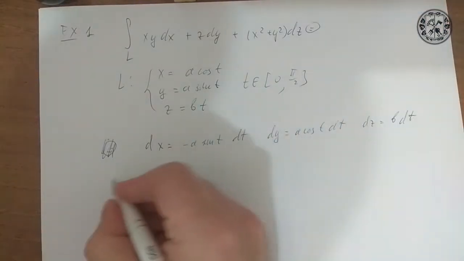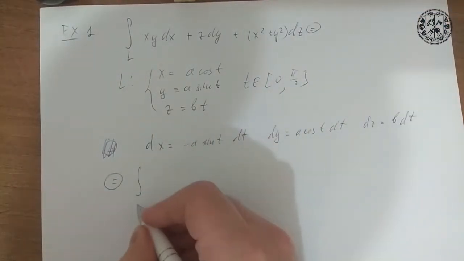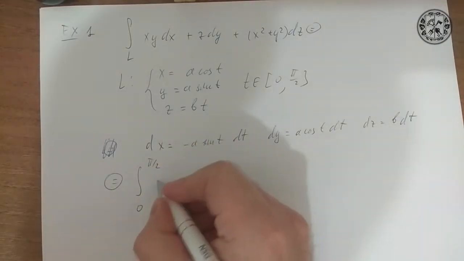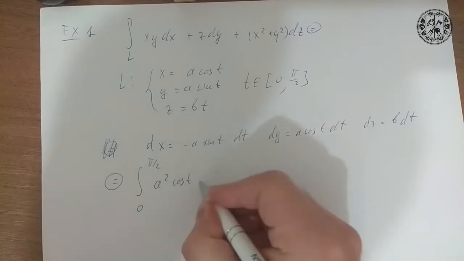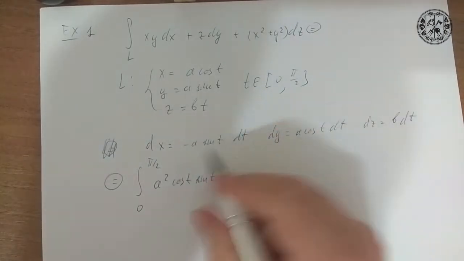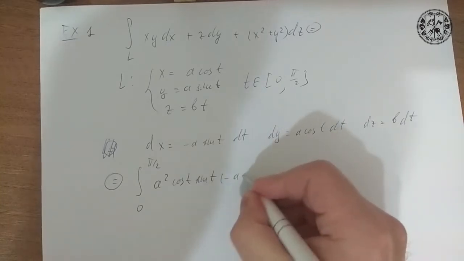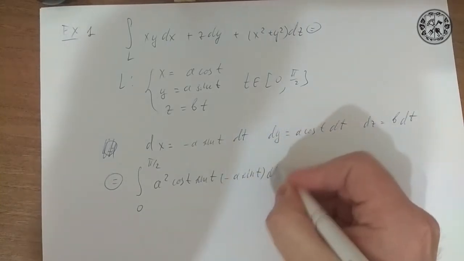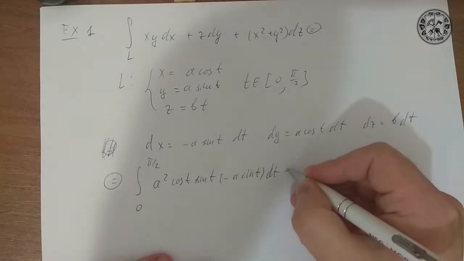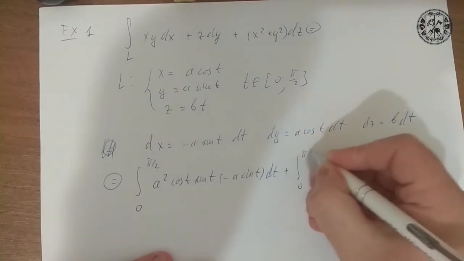Now this integral will be transformed into the integral from 0 to pi over 2. xy will give us a squared cosine t sine t, and dx will be minus a sine t dt, plus the integral from 0 to pi over 2.